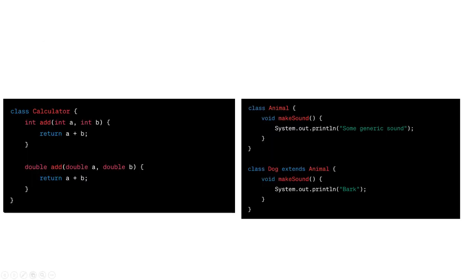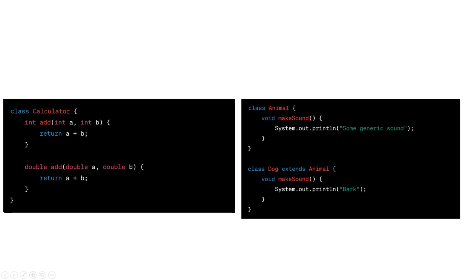On the next slide, you can see on the left-hand side is method overloading. You have an add method, but it's taking in different types of arguments and returning something completely different.